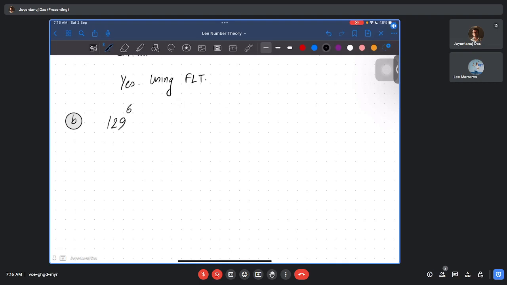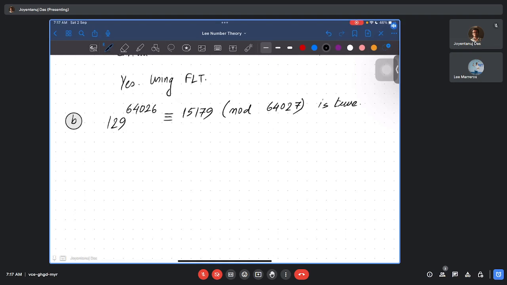So the next part is 129 to the power 64026, which is congruent to 15179. So suppose we know this is true.